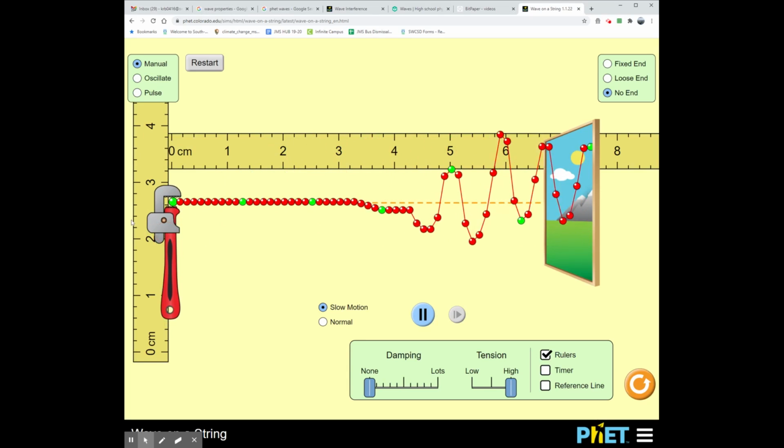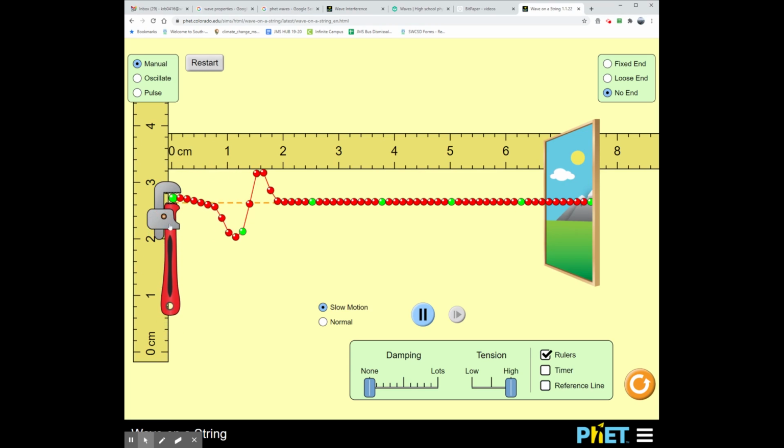Okay, now all of those waves go down the string, but then what happens? All of the particles of the string end up in the same place that they were. And the reason I'm showing you this is because it's important to understand that waves are not actually moving the thing they're traveling through, they're moving through that thing, right? So in this case, the medium that we're traveling through is this string of beads, right?